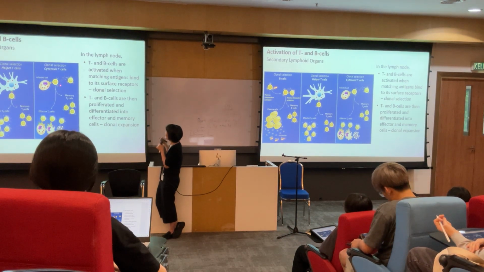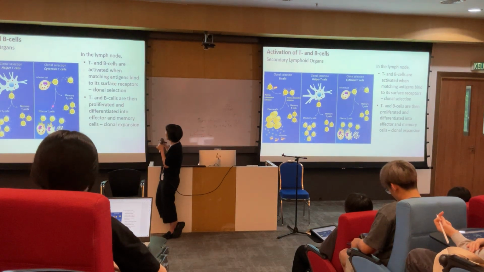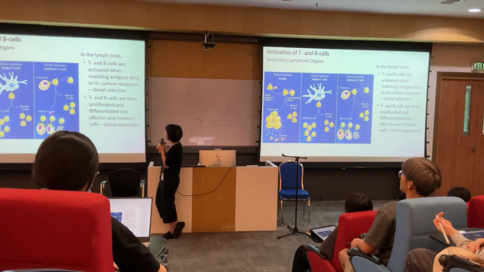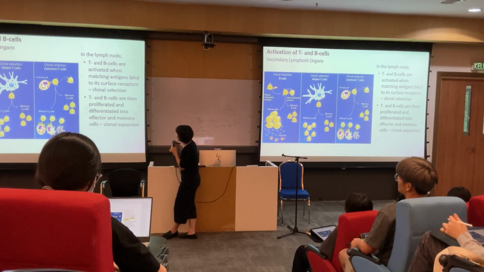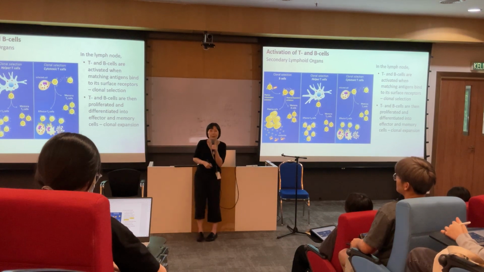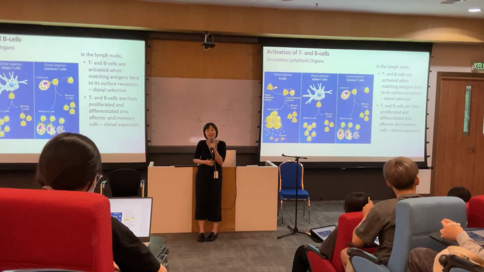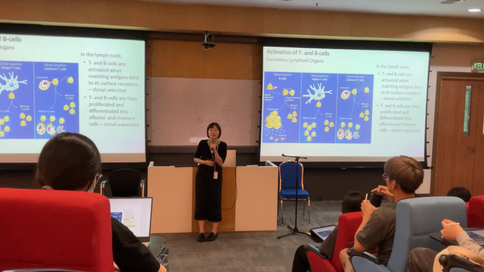These antigens will activate the cytotoxic T cells, and they become effector T cells. They proliferate, expand in number, and then they start killing the infected cells. So this is how they expand in population, get activated, and become functional.